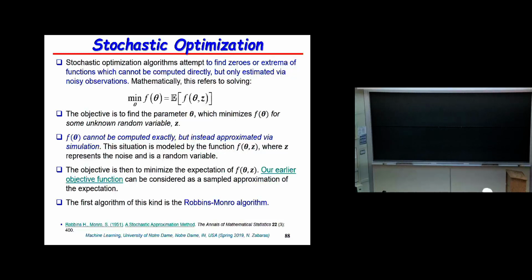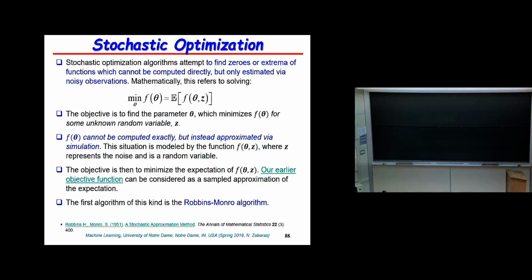So this algorithm goes by the name Robbins-Monro algorithm, and it's not very different from what you saw before. What you saw before was 1 over n of the evaluation of this for each data point. Now I have it in a more rigorous way, and I say that the 1 over n that I had before is really the expectation of this. You see that?